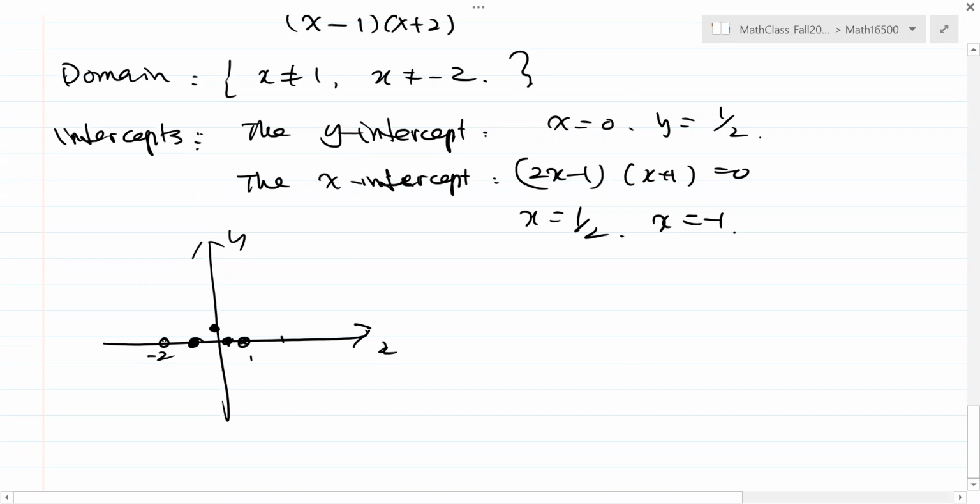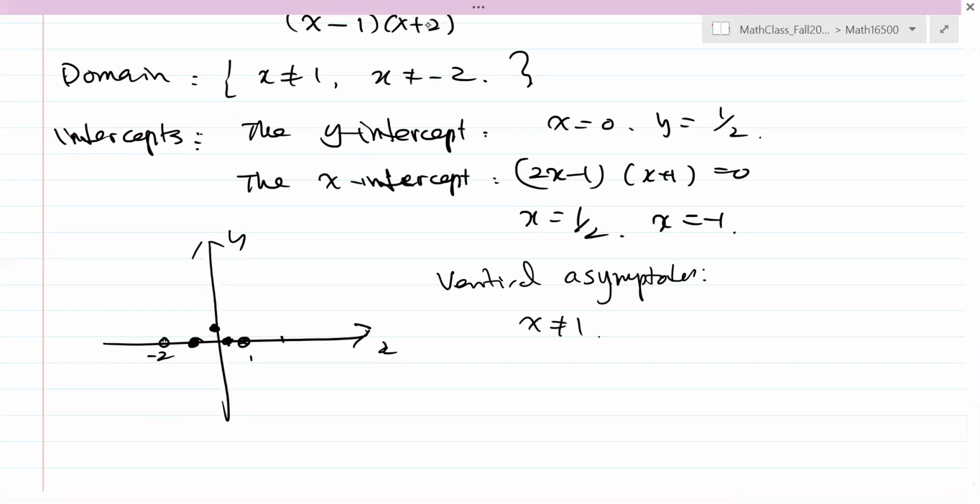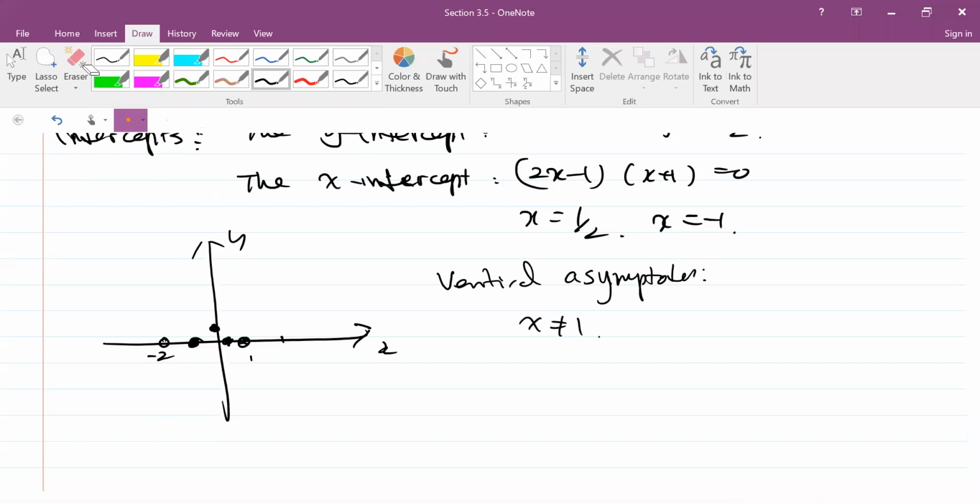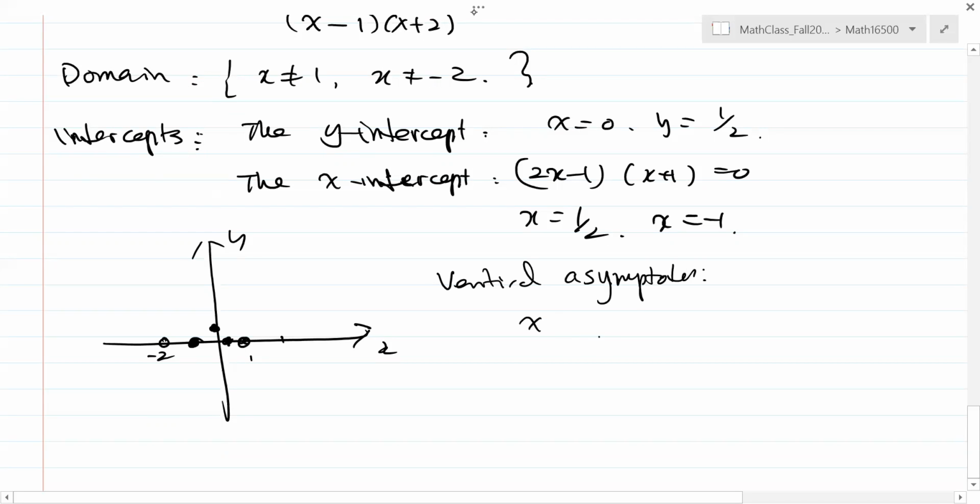Okay, so let's look at the asymptotes. Vertical asymptotes: when x equals 1 or when x equals -2.